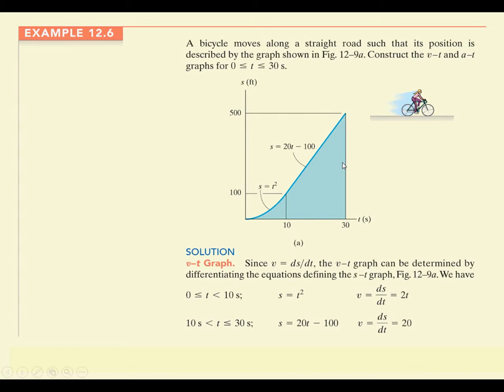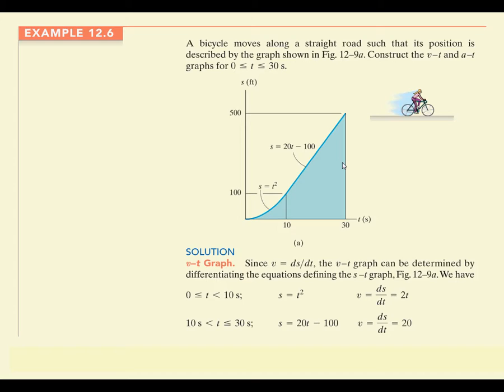So what's the solution? Since the velocity is ds/dt, the velocity diagram can be determined by differentiating the equation defining the s-t graph, which would be s equals t squared, and the velocity would be 2t.